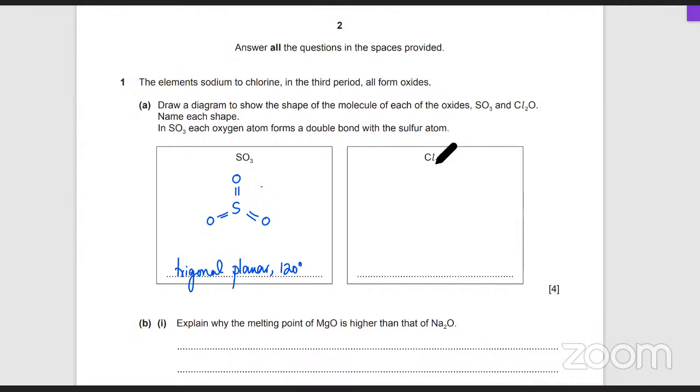Riyan, कोई idea? इसका क्या, anyone? ठीक है, Humad: it's bent and V-shaped. How many lone pairs and how many bonding pairs would it have? अच्छा, oxygen, Cl makes single bonds, right?